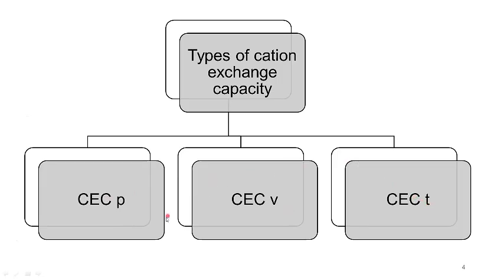That means the sum of cation exchange capacity permanent plus cation exchange capacity variable is equal to cation exchange capacity total.